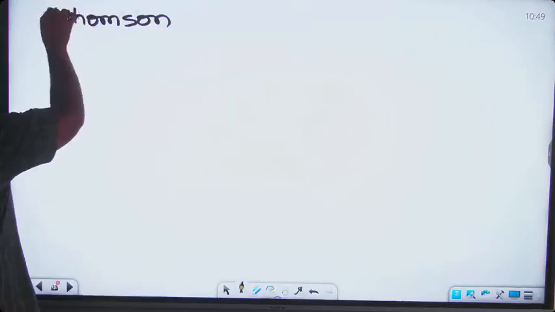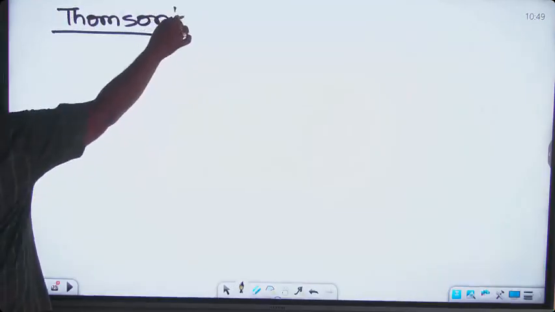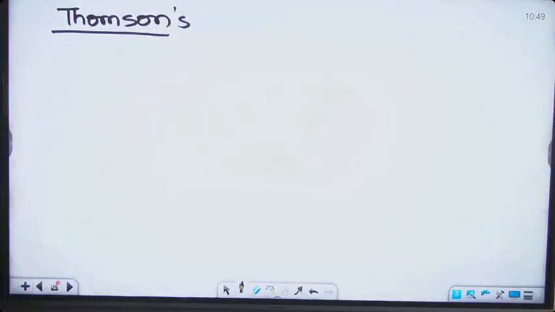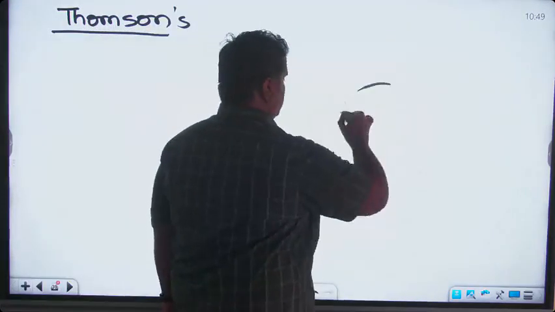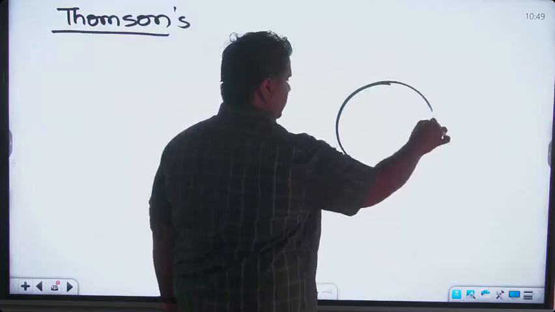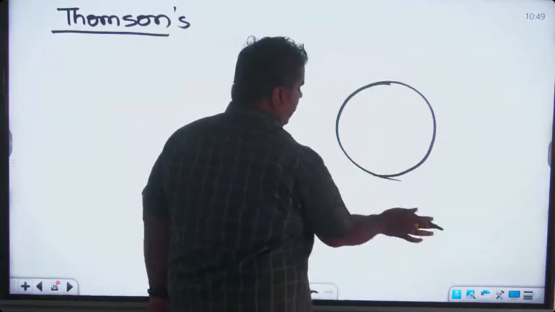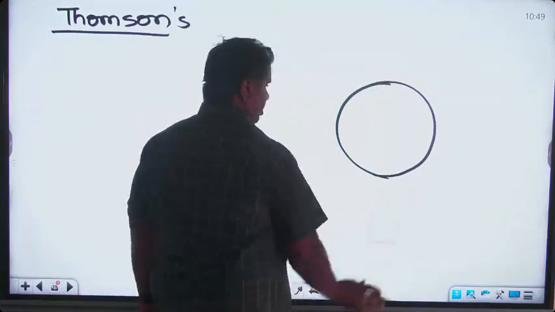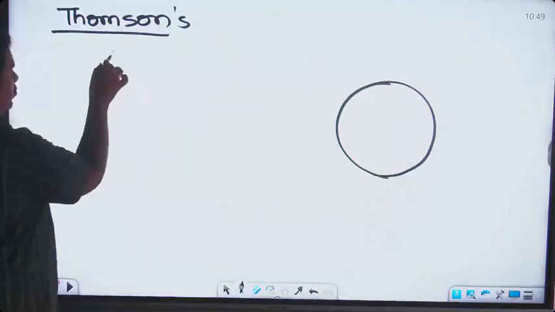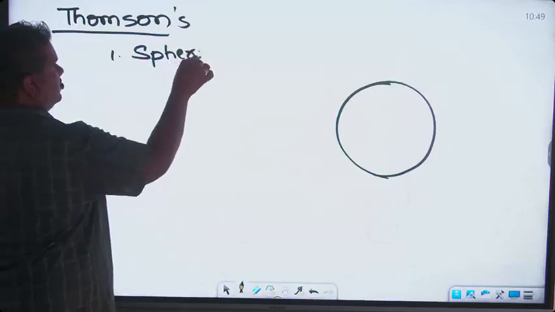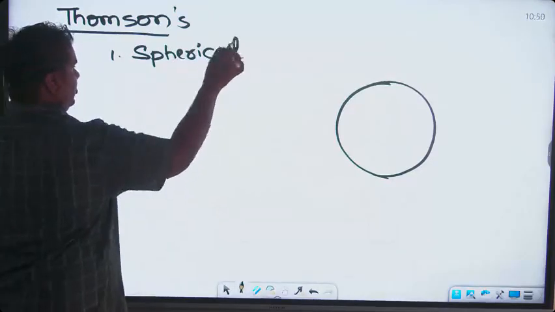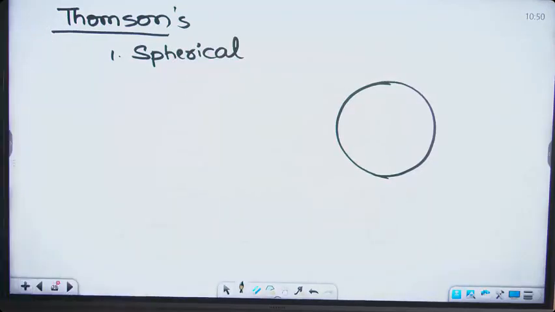J.J. Thomson's atomic model. So what did Thomson propose? Again, the same common point: atoms are spherical in shape. The first point in Thomson's model is also that atoms are spherical in shape.